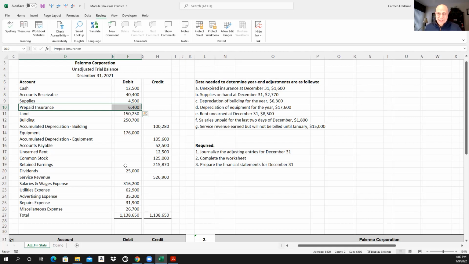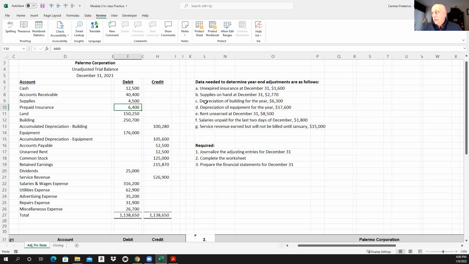But some of that is expiring. How much is unexpired? $1,600 is unexpired. That means of the $6,400, $1,600 didn't expire. So the difference between the $6,400 on our trial balance and what should be on our trial balance, $1,600, is our adjusting entry. We have to make an adjusting entry for $4,800.